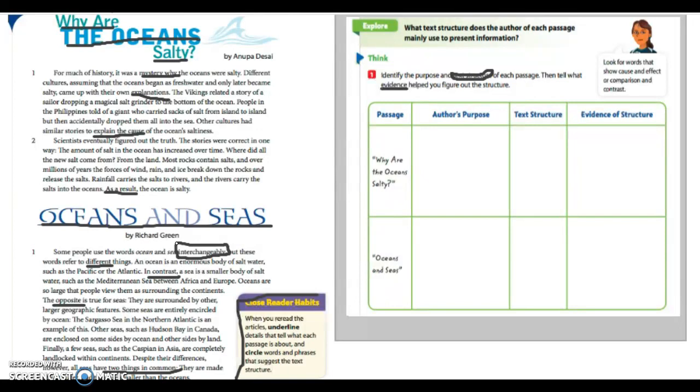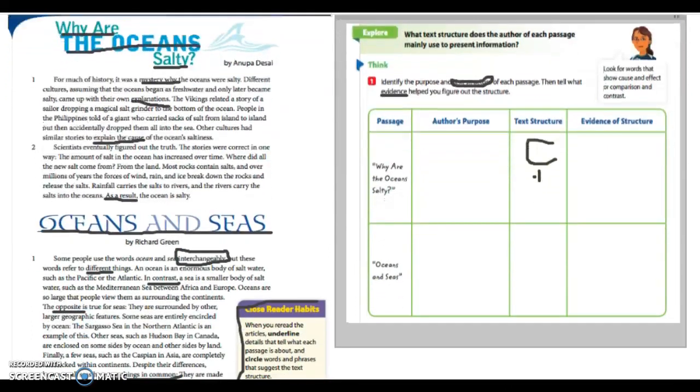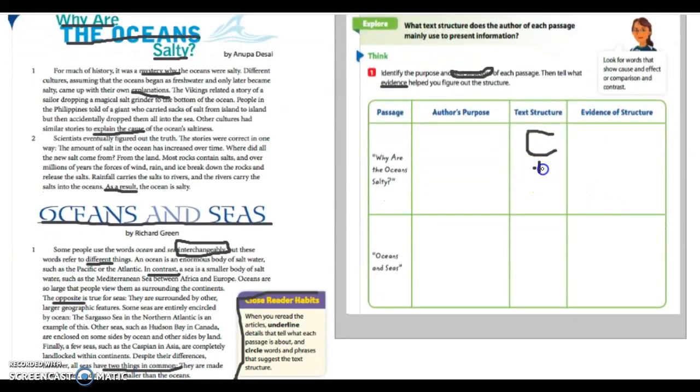I'm going to write C and E for cause and effect. On your paper, please write the full phrase out: cause and effect.